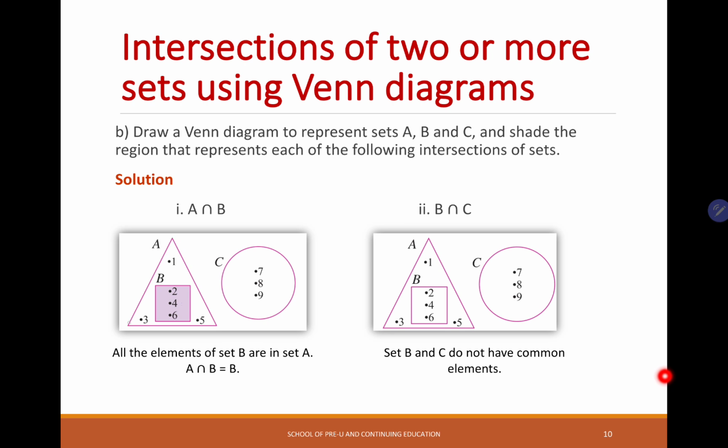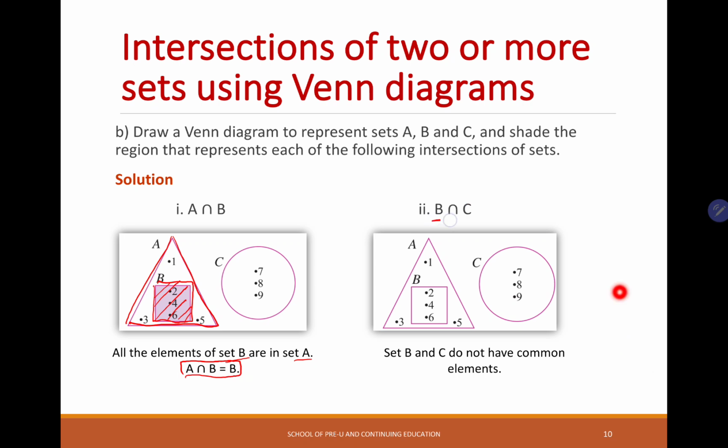A, this one, intersect with B, which is this one. So the intersection should be inside this one. And then here we can just write that all the elements in set B are in set A. If you don't want to type the explanation, that also works, just draw and then shade the region.